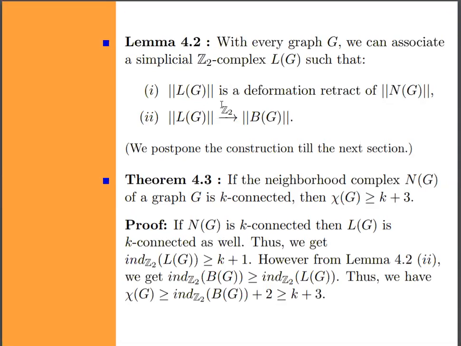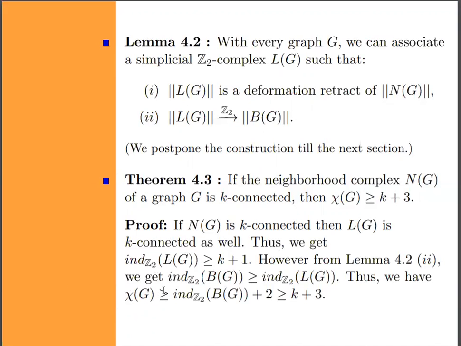So what we do is, if N of G is k-connected, then L of G is k-connected as well, because it's a deformation retract of N of G. So we get that the index of L of G is greater than or equal to k plus 1, due to the properties of index. From this, we get that the index of B of G is greater than or equal to the index of L of G. Using this too, we get that the index of B of G plus 2 is greater than or equal to k plus 1 plus 2, which is k plus 3.